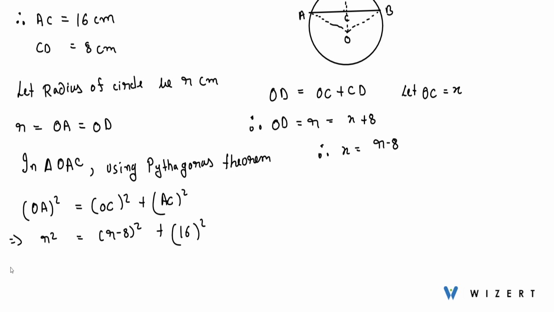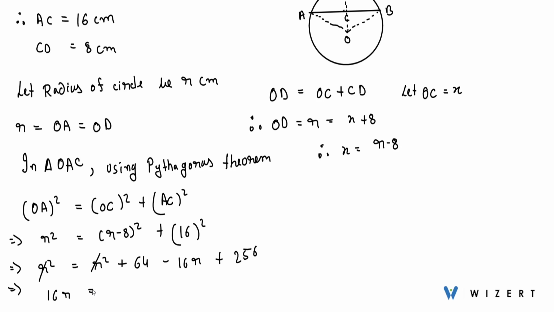So this will become R square equals R square plus 64, that is 8 square, minus 2 multiplied by R multiplied by 8, which is 16R, and then we have 16 square, which is 256, right? So R square and R square will cancel out each other. We will have 16R equals 256 plus 64.